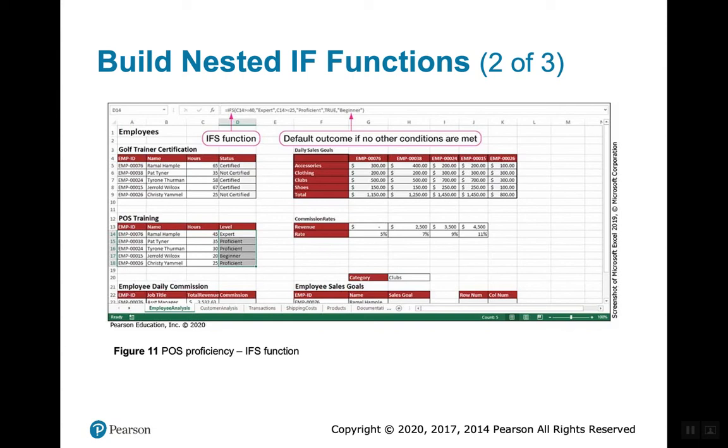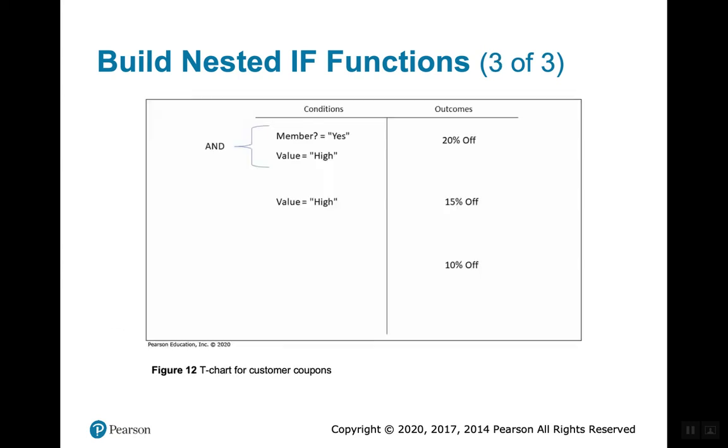So if it's this, do something, otherwise do something else. So you can do an if, then, else, as a logic construct. All right? So this is Excel's way of being able to do something like that.